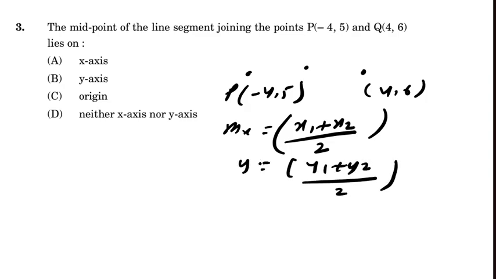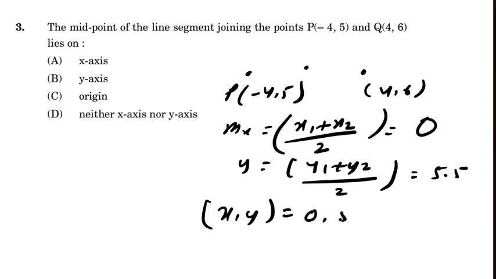So we will put the values: minus 4 plus 4 is equal to 0, and 5 plus 6 is 11, 11 by 2, that is 5.5. The value of the midpoint is 0 comma 5.5.